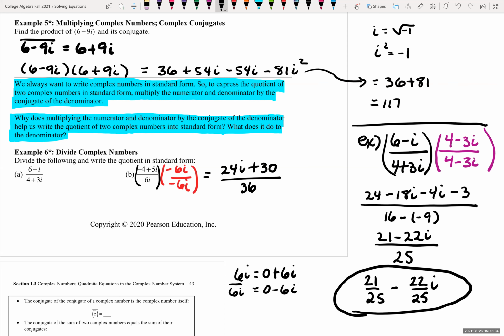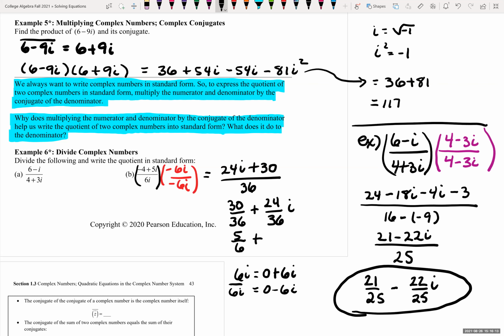So again, this is not quite in standard form. We want to rewrite it. Usually we rewrite it with a real part first, and let's rewrite it as two separate fractions. So 30 over 36 plus 24 over 36 i, and pull the i out. So we're not quite done because I noticed that the fractions have common factors, and 30 and 36 both have a, oh my gosh, 6 in common. 6 goes into 30 5 times, and 6 goes into 36 6 times.